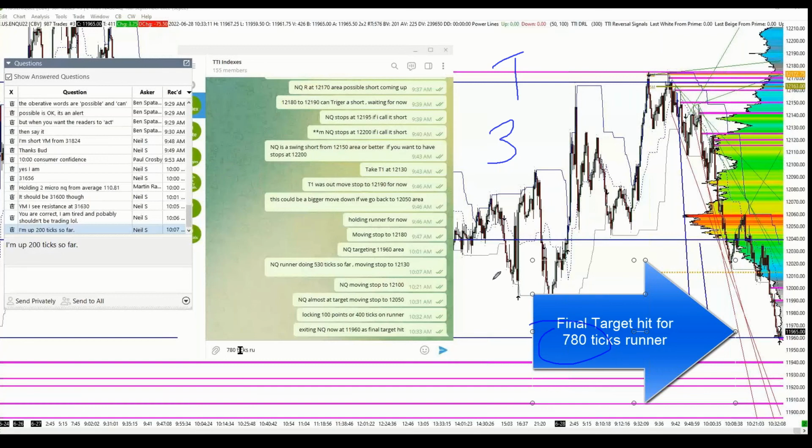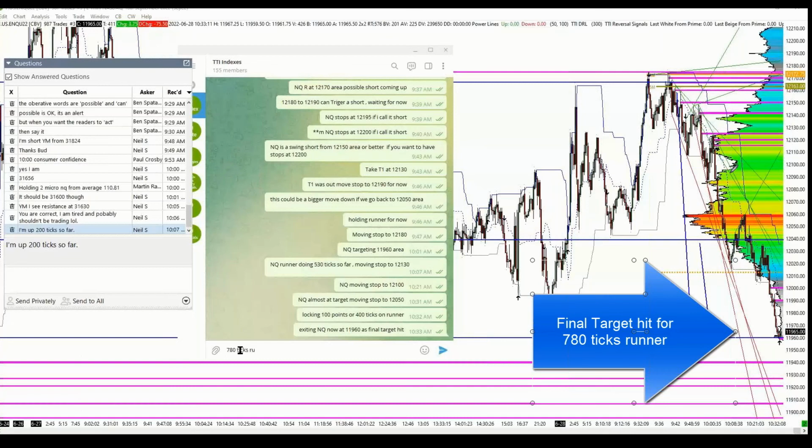Almost a 1,000 tick trade, folks, in one trade, not one month, in one trade on the NASDAQ. Now, on the other hand, if this trade had gone against us, the stop loss was already there and already calculated. So the risk is much less than the reward.